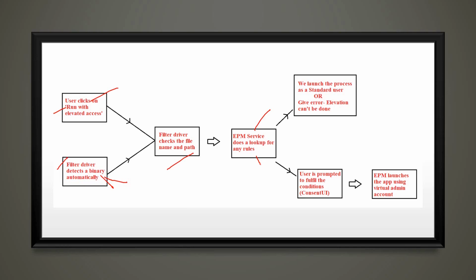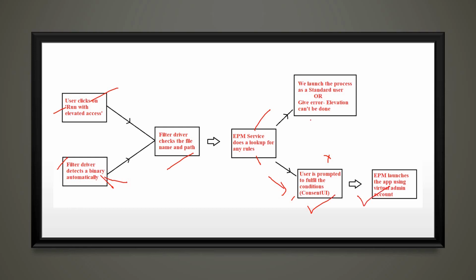It matches with what is happening in the device. Then EPM is going to proceed, and the next step obviously is depending upon whether the elevation is going to be automatic. If it's going to be automatic, then this part is skipped. If it was manual, then the user is prompted with the consent UI wherein he has to perform a business justification, and then EPM launches the application.